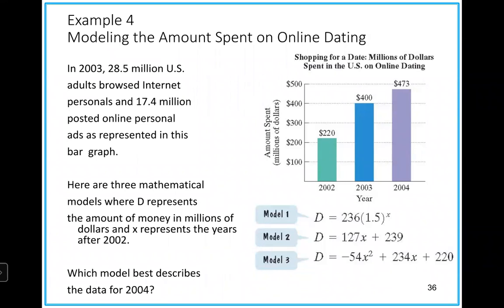Okay, so we have one example here where they studied, it says in 2003, 28.5 million US adults browsed internet personals and 17.4 million posted online personal ads as represented in the bar graph.